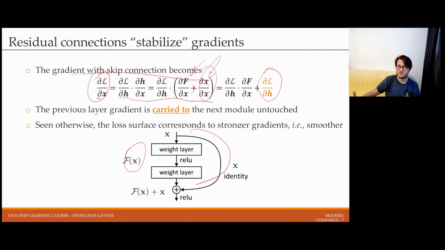Therefore the problem of vanishing and exploding gradients becomes much less important, because strong and good gradients are maintained. Therefore our loss surface becomes friendlier. Because the gradients are more consistent and stronger, it means that our loss surface has to be smoother, and this is why we saw this type of visualizations.